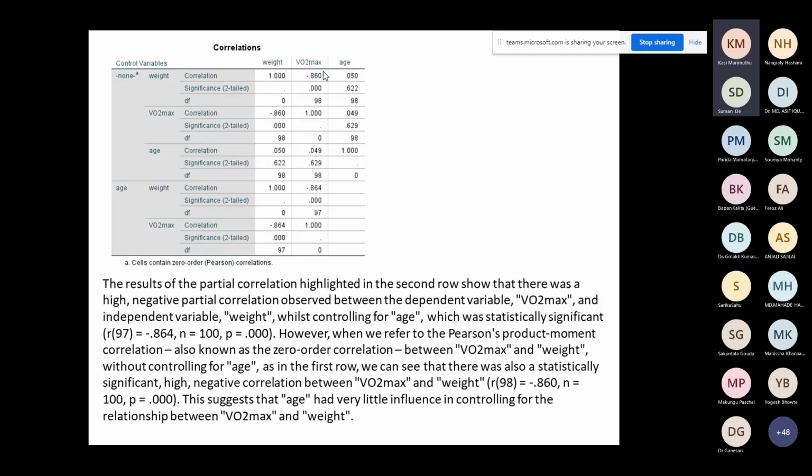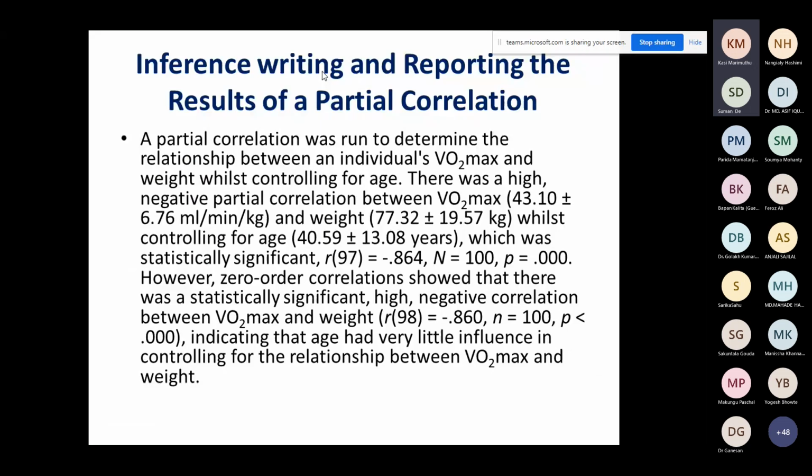So in a nutshell, in a results section, you can write like this. In a research paper, when you conduct a partial correlation, you just copy and paste this, put in the values, and change your independent and dependent variables. A partial correlation was conducted to study the relationship between individuals' VO2 max and weight, controlling for age.